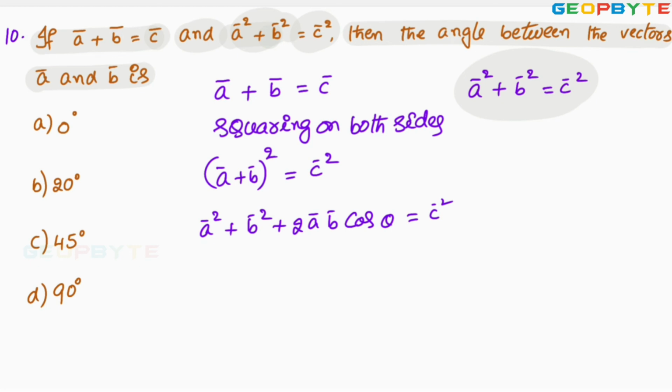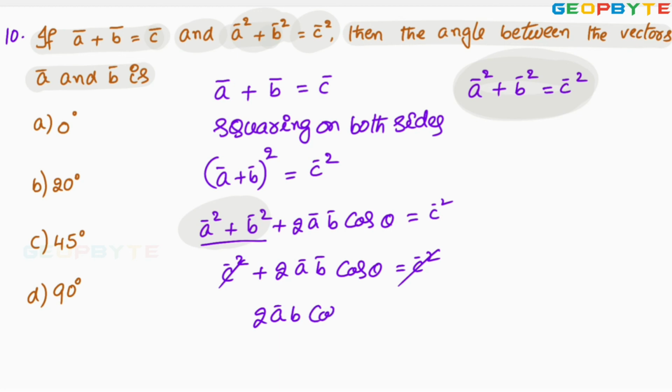So it can also be written as, A square plus B square is how much? C square. So in the place of this, I can write C square plus 2AB cos theta is equal to C square. Here C square cancelled. 2AB into cos theta equal to 0.